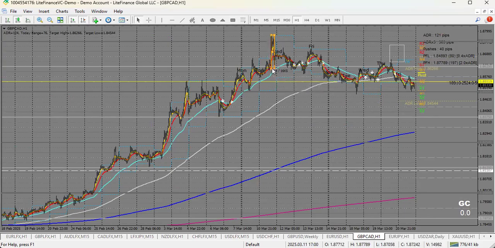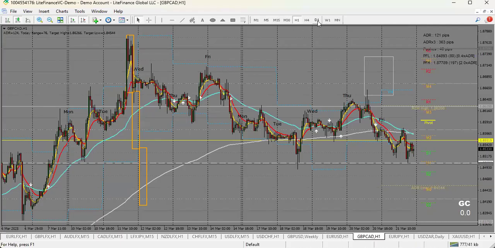So for this pair, I'll have to see what movement will occur on Monday. So that's ADR times 2. We have completed ADR times 2, and we are almost done with ADR times 3. And the ADR times 3 is around the station zone here.